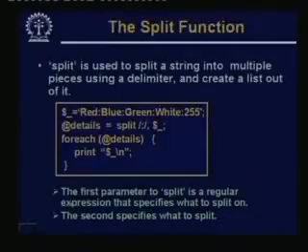Well, the first function is called split. Split, as the name implies, is used to split a given string into multiple pieces using a specified delimiter. What this means is that given a string, there are some defined delimiters, it can be a colon, it can be a space.